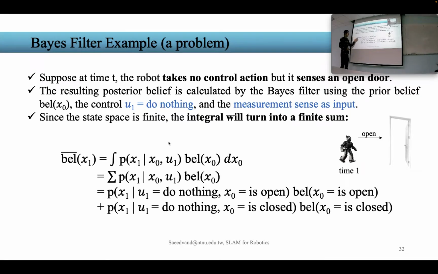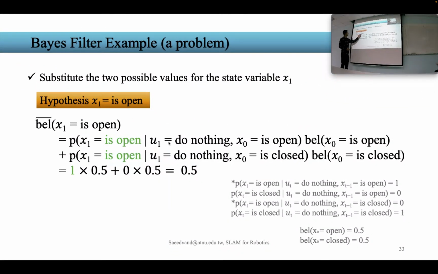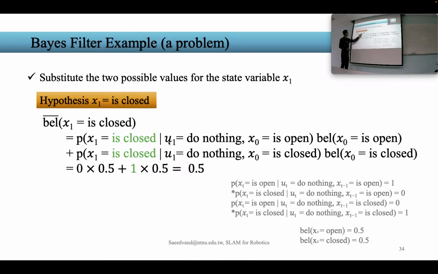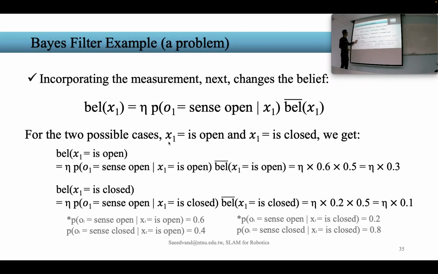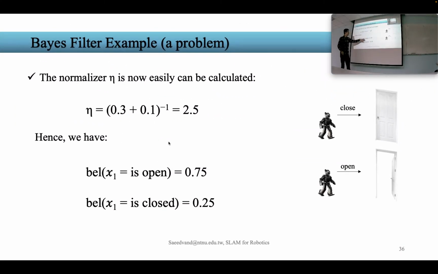We calculated at first the belief in the estimation step, the estimated belief if it's open, together. Then we calculated the estimated belief if it's closed. Then we said, what about the prediction? What about the correction step? Then we corrected the prediction so that the values came and sat on the updated belief.